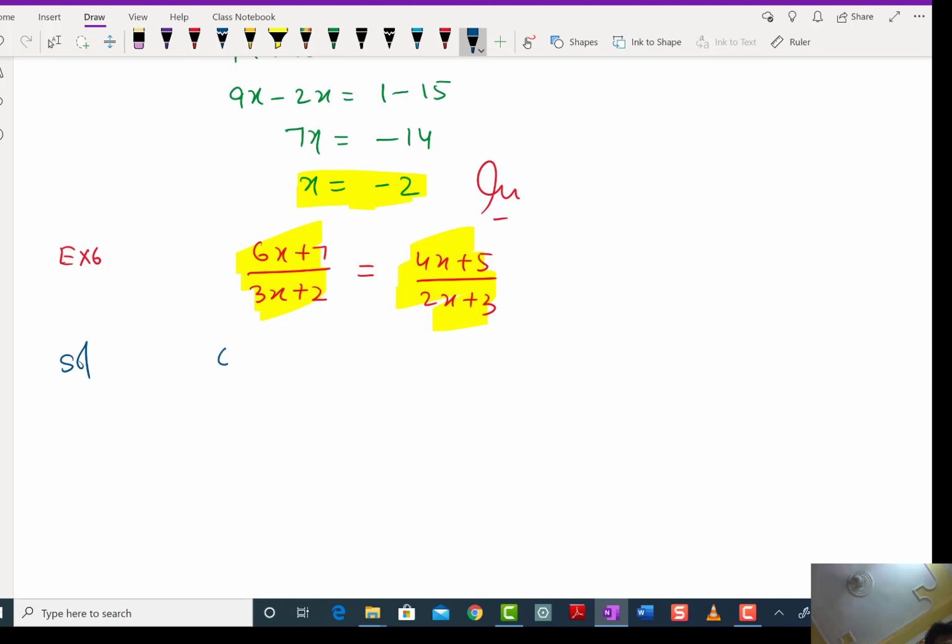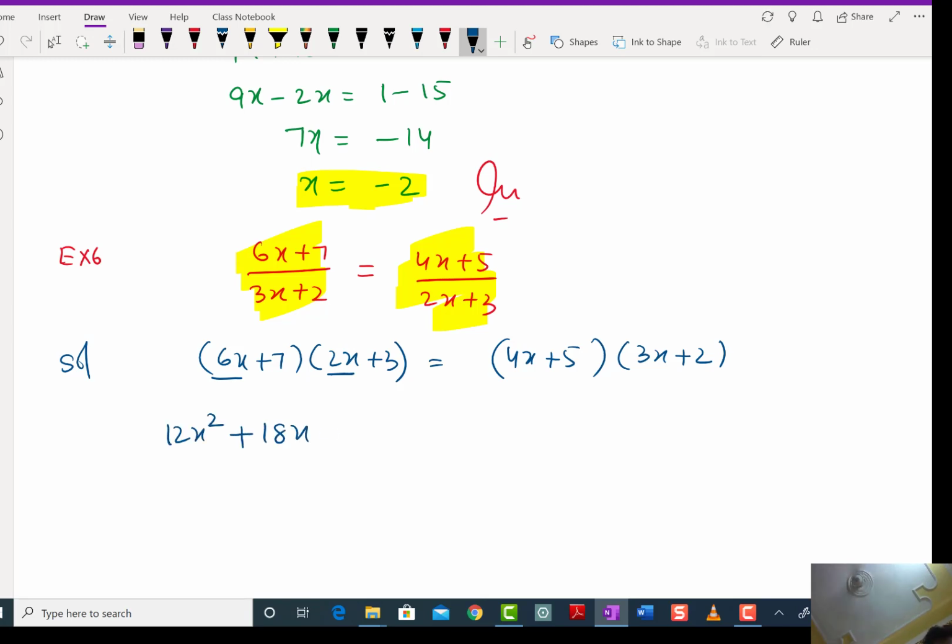Absolutely right. So cross multiplication, and we'll do the multiplication. So 6 into 2, 12x square. 6 into 3, 18x. 7 into 2, 14x, 7 into 3, 21. 4 into 3, 12x square. 4 into 2, 8x. 5 into 3, 15. 5 twos are 10.